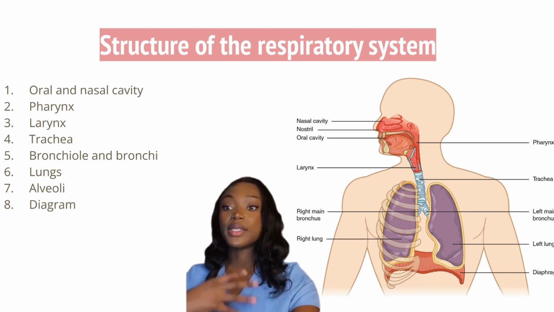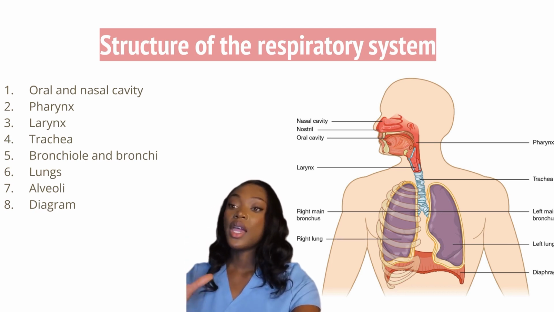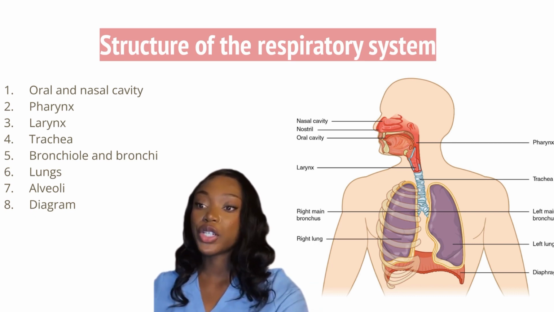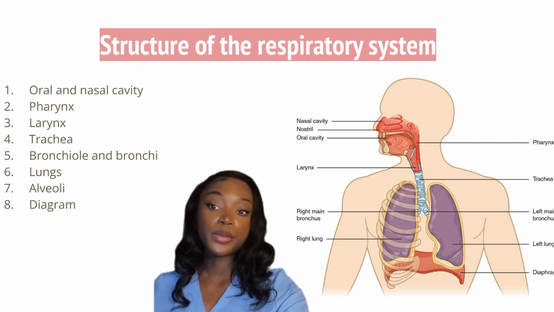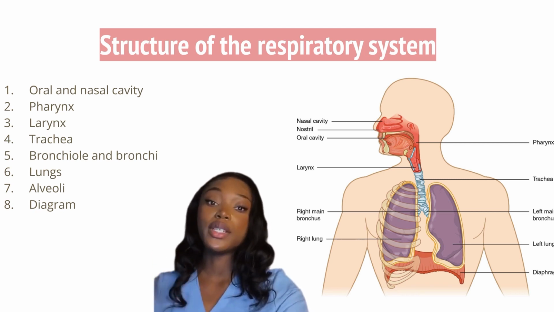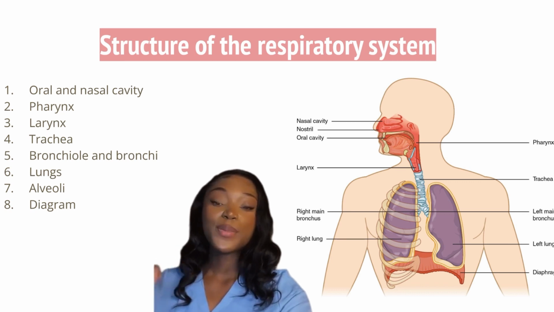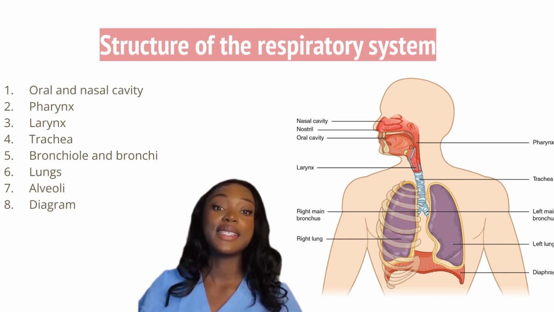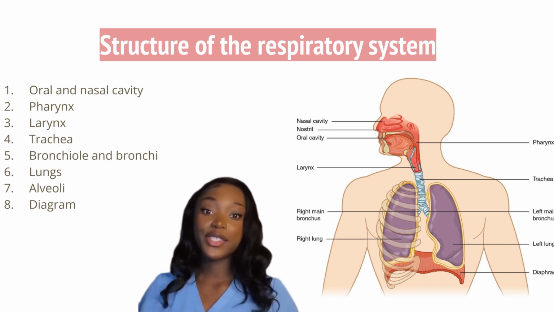The trachea produces mucus that helps filter and move debris out of the respiratory system. The trachea also makes sure that food does not enter the respiratory system, but enters the stomach instead.